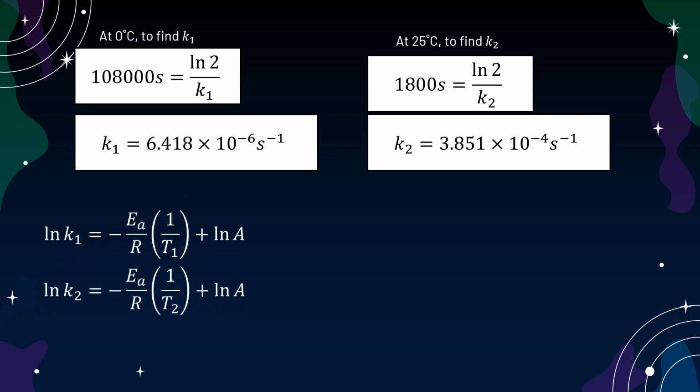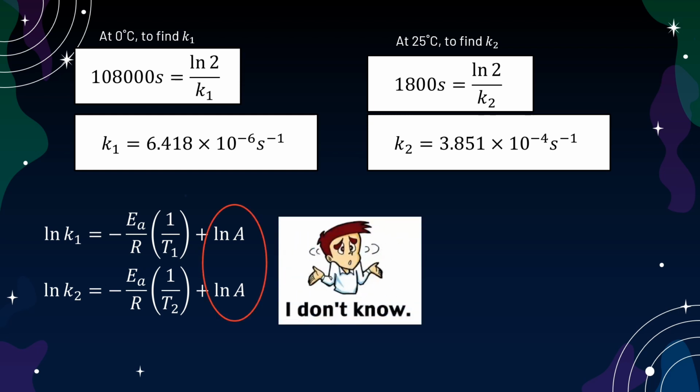So we will apply k1 and k2 to the Arrhenius equation. But from this Arrhenius equation, we find that we don't know the value of A and the activation energy. So what we need to find is the activation energy.